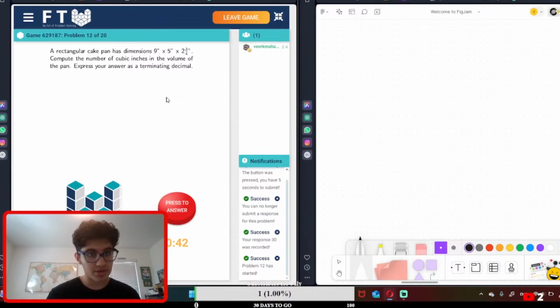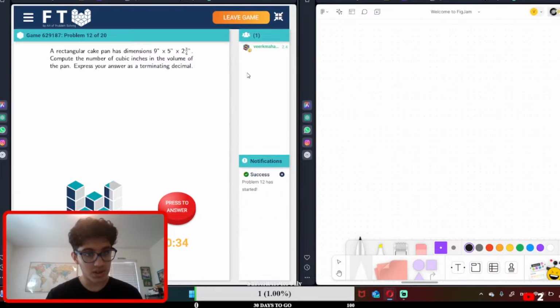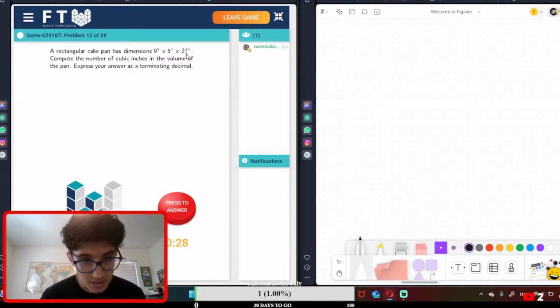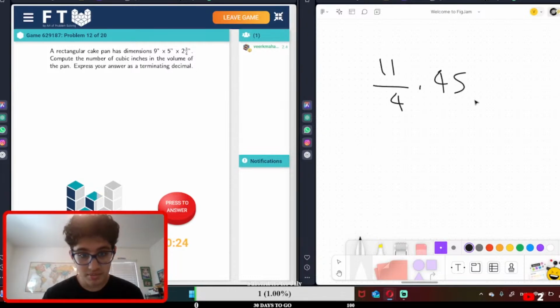A rectangular cake pan has dimensions 9 by 5 by 2 and 3/4. Compute the number of cubic inches. Okay, these are in inches, right? So 45 times that, which is, wait, what is this? This is 11 over 4 times 45. So 0.25, right?